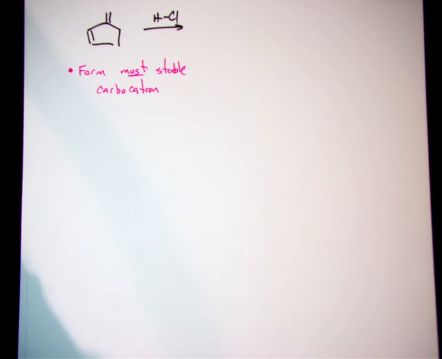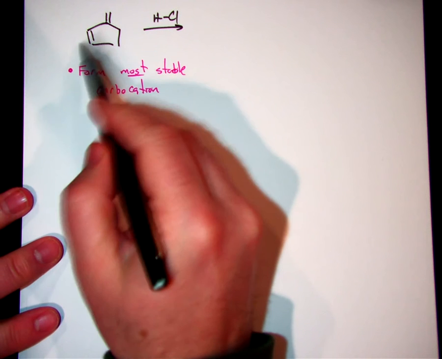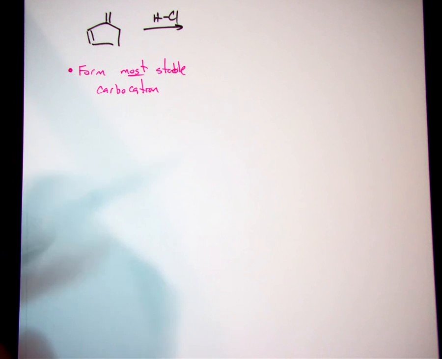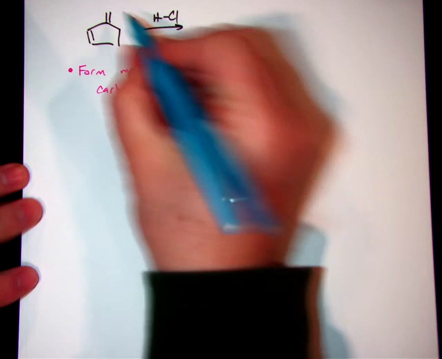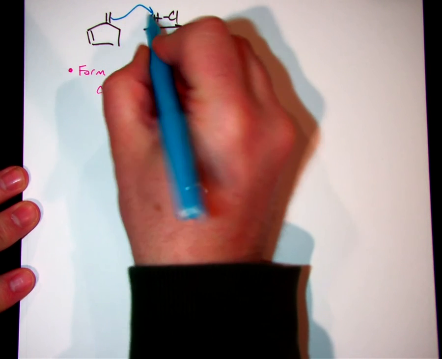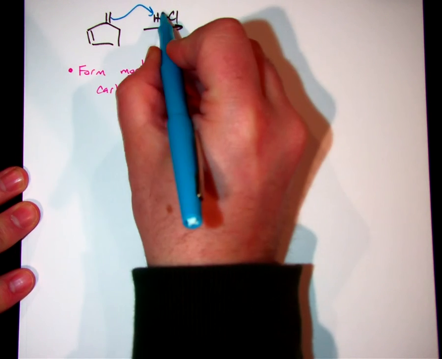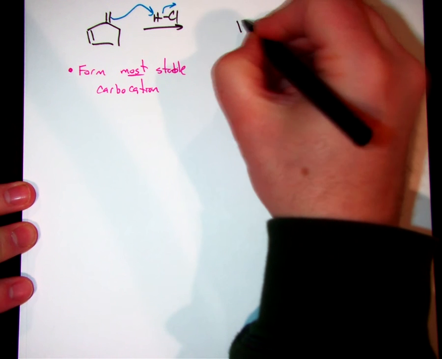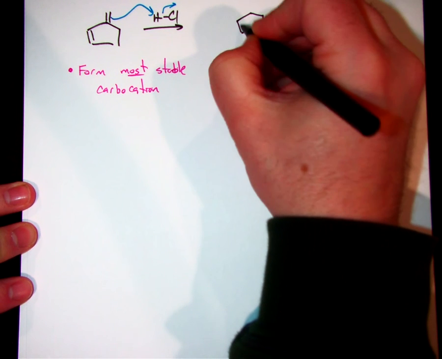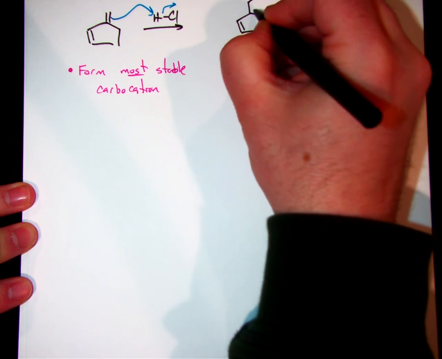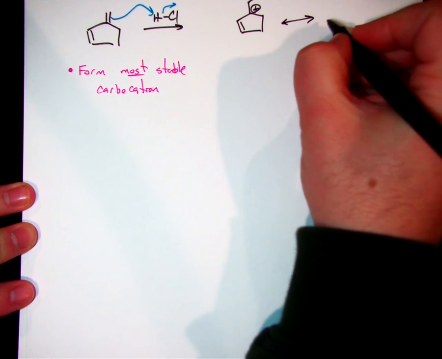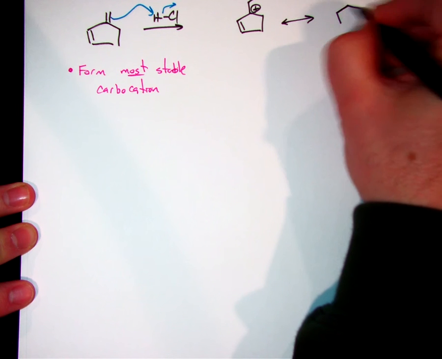So that means that we're going to protonate this in such a way that we're forming a resonance stabilized cation. There's actually two different ways that we can do that in this particular case. In one case, we can add a proton to this terminal carbon here. That is going to give us a proton there, and this carbocation has a resonance structure that can be drawn.